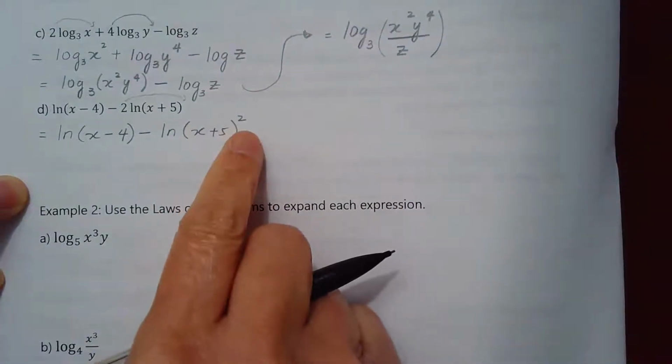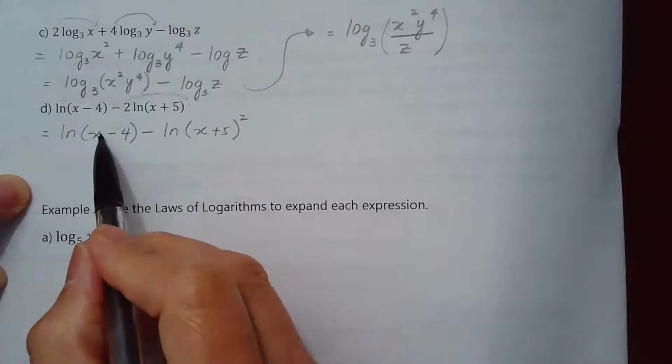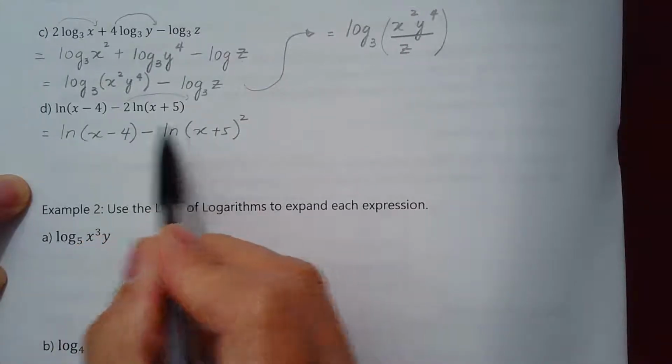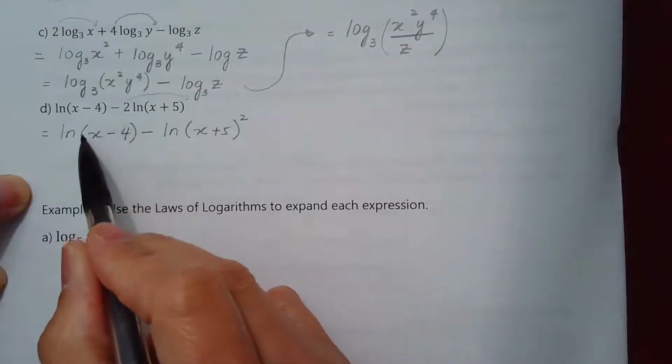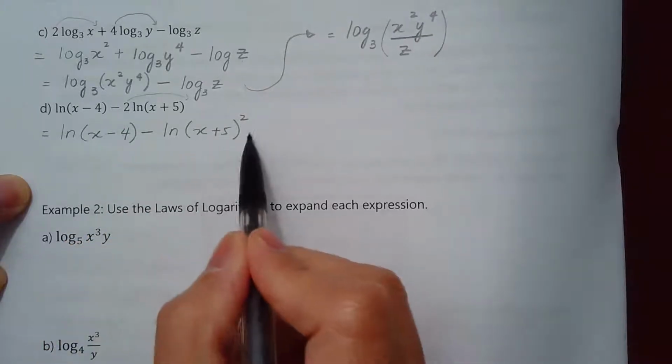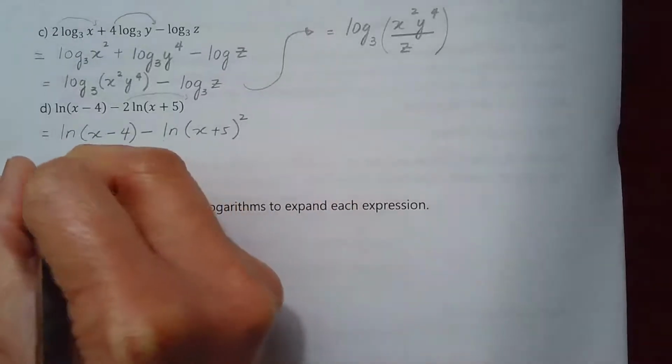Now that I have that, I can see that these two exponents are subtracted. That means x minus 4 has to be divided by x plus 5 squared.